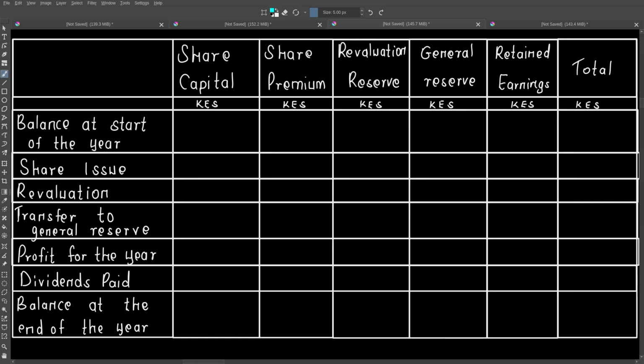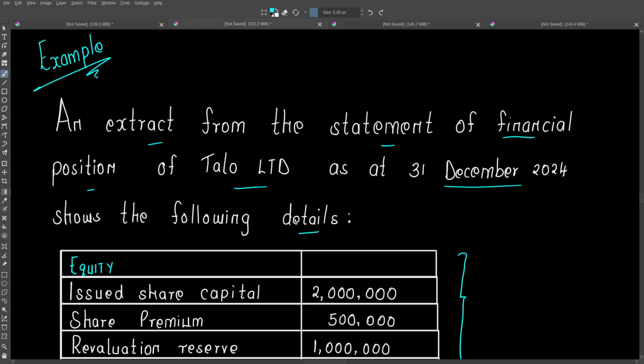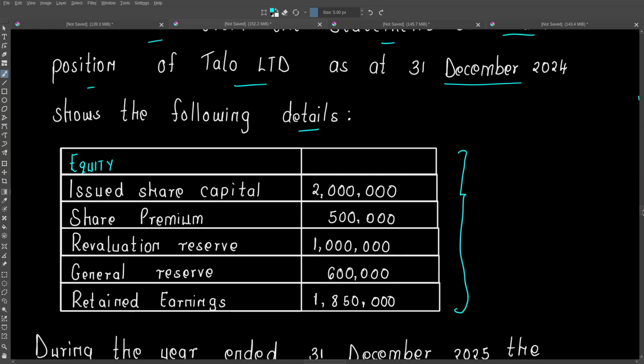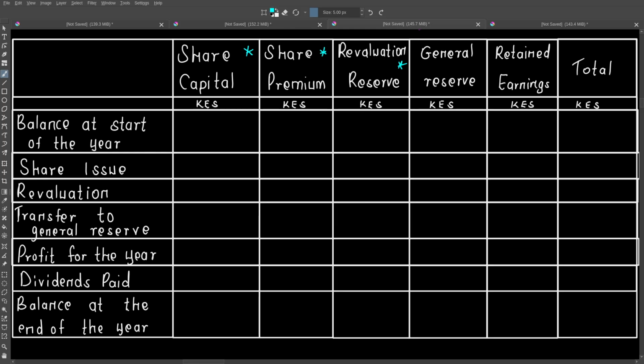This is a format where we list all the items we have on equity. If you can see from the closing balances we had in the previous period, we had share capital, share premium, revaluation reserve, general reserve, and retained earnings. So list all these items.